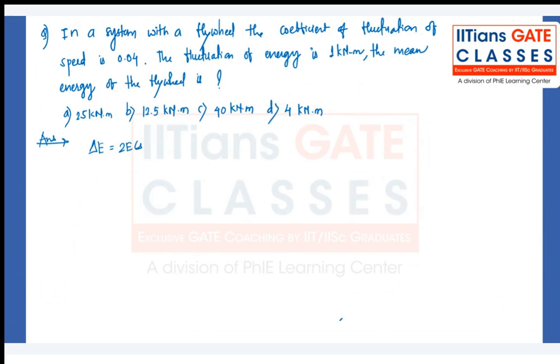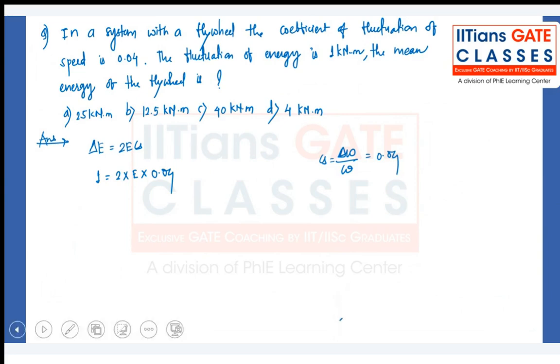We know the fluctuation of the energy is 1 kilonewton meter, which is equal to 2 into E into Cs. Cs is the coefficient of fluctuation of speed, that is 0.04, which is delta omega by omega.